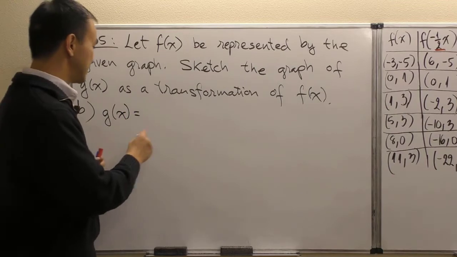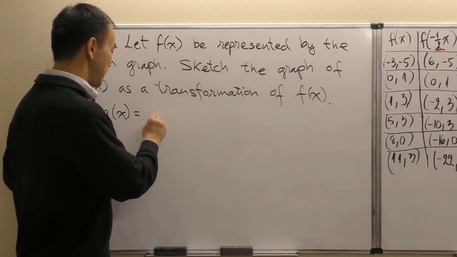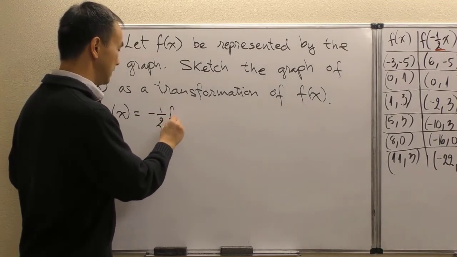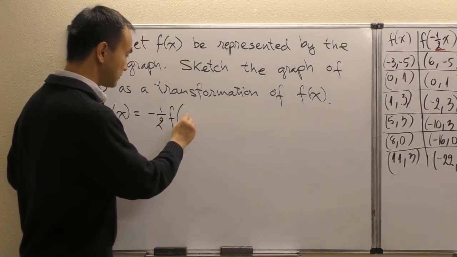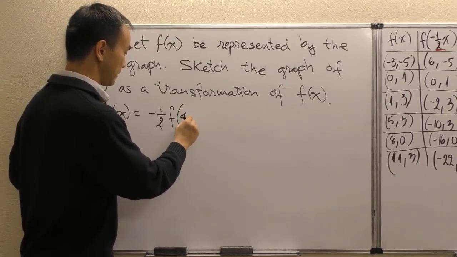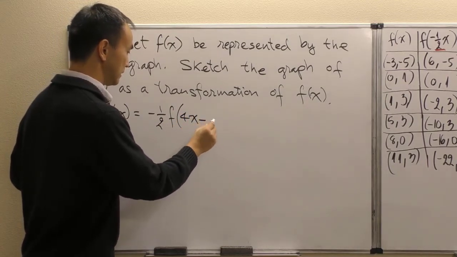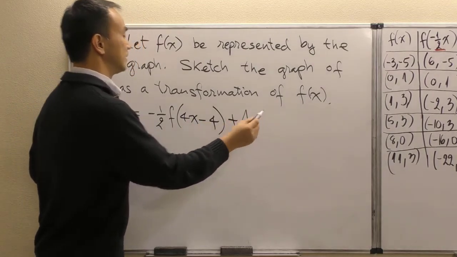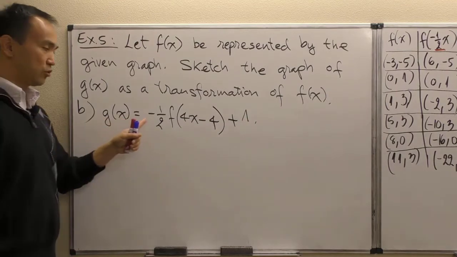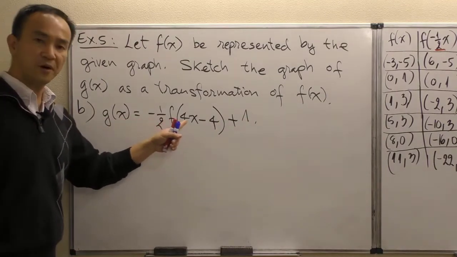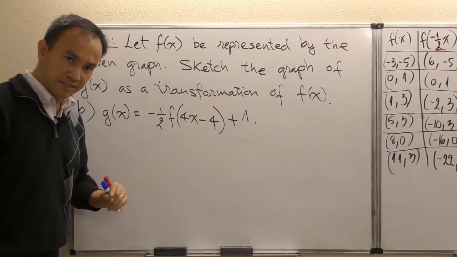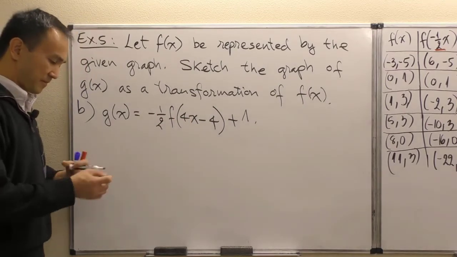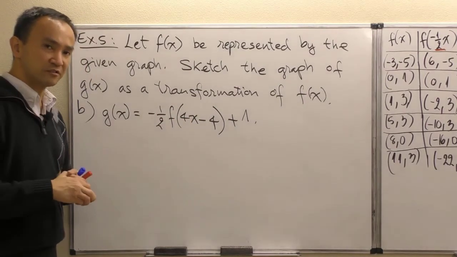So g of x here, I want it to be minus half f of 4x minus 4 plus 1. Now let me introduce the graph of f of x.